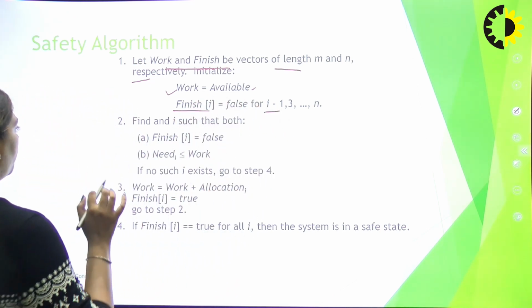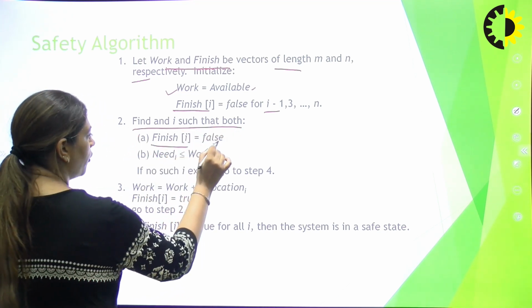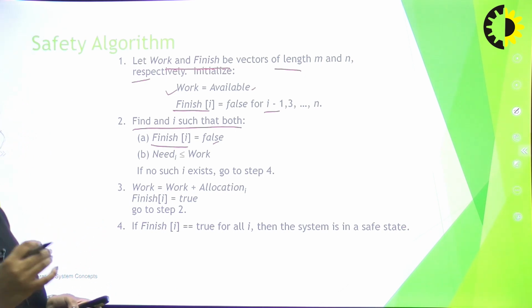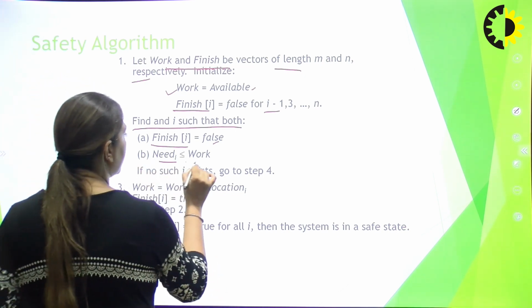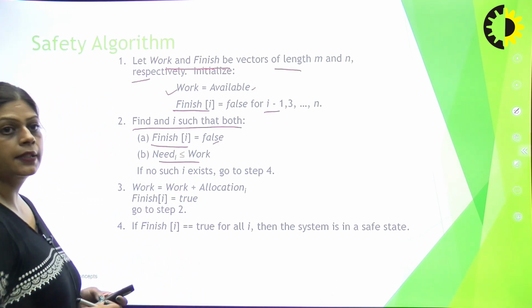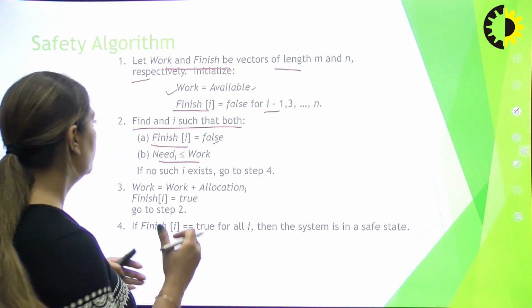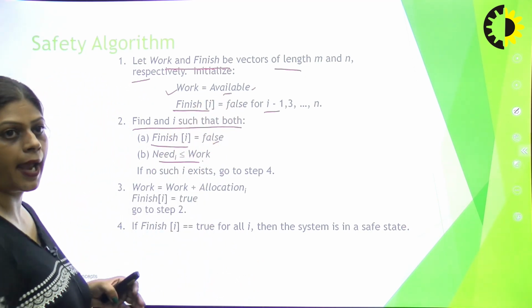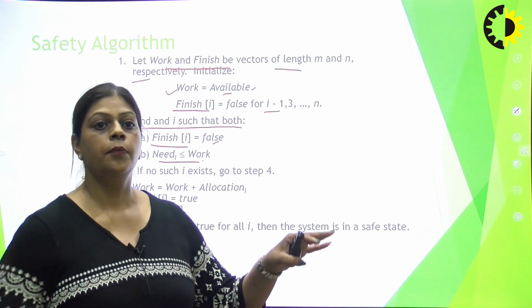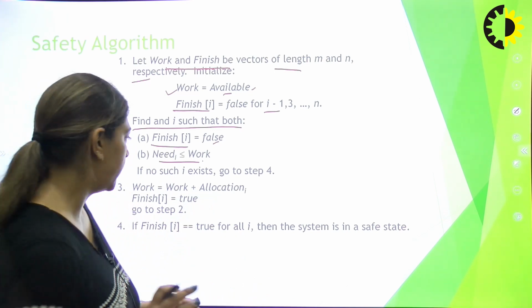Now we will find an i such that Finish[i] is false and Need is less than or equal to Work. Because Work is Available, we should have available resources more than or equal to what the process requires.